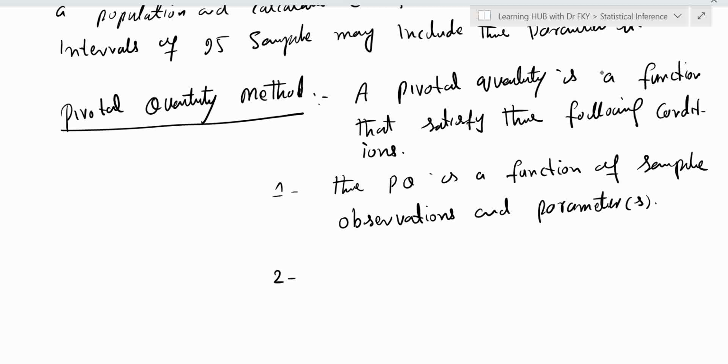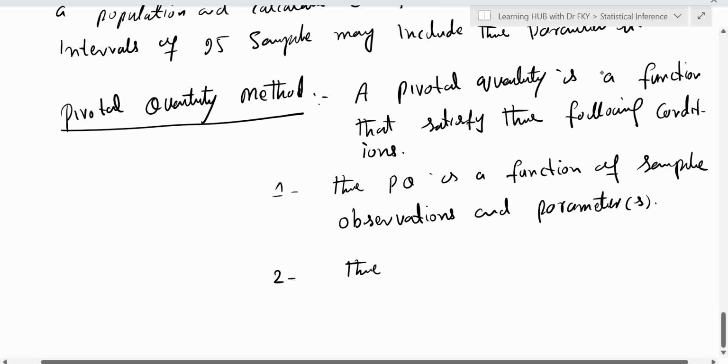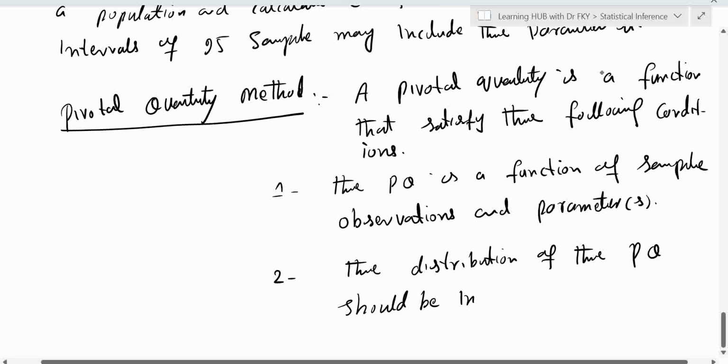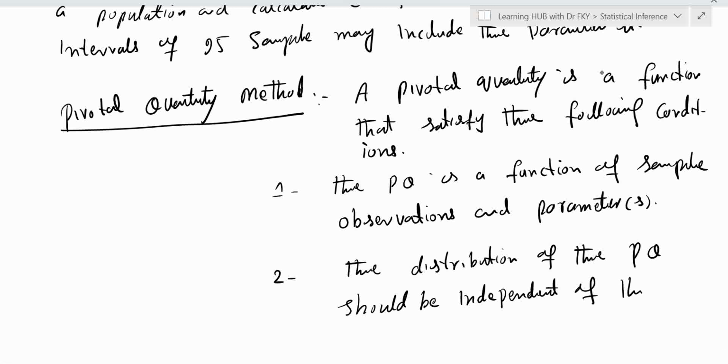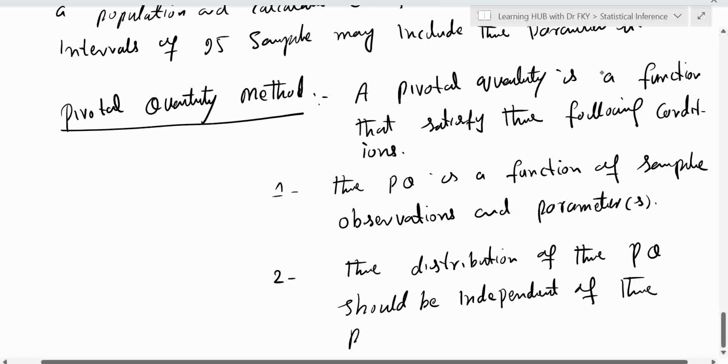Second one is the distribution of the pivotal quantity should be independent of the unknown parameters.